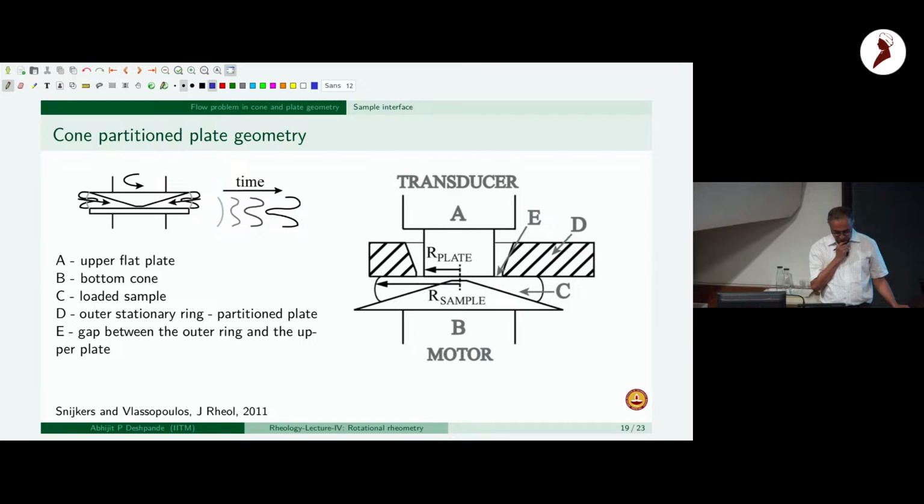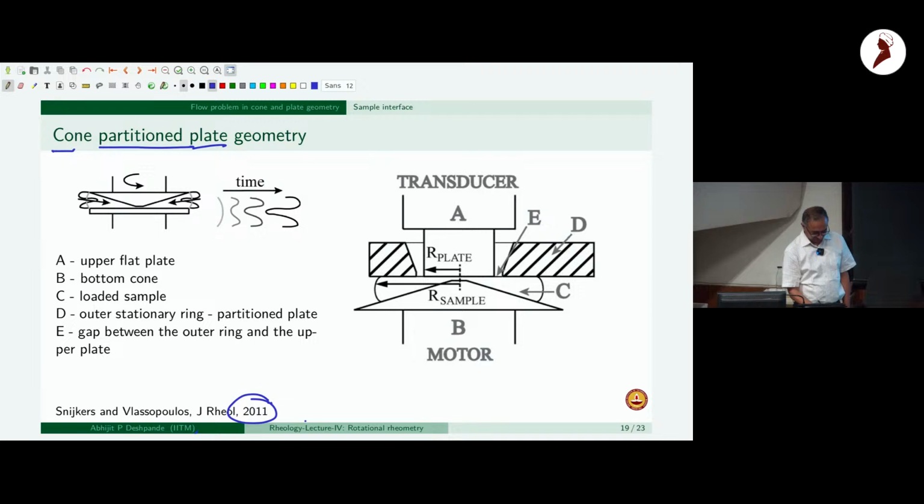This is one example of work that is 10-15 years old, where they propose a different cone and plate geometry to make sure that edge fracture effects do not affect the overall measurement. They call it a cone partition plate geometry.